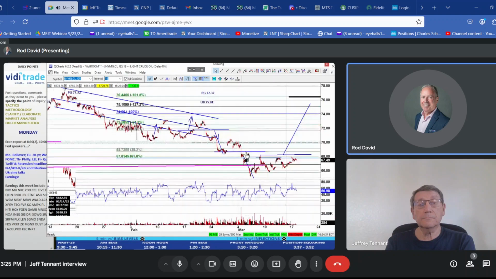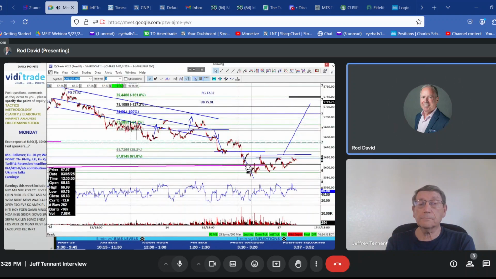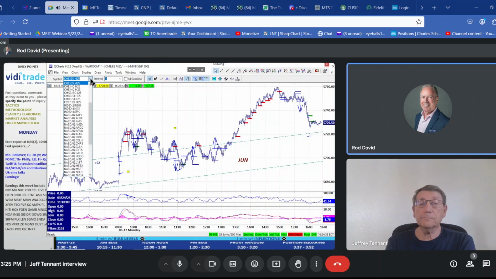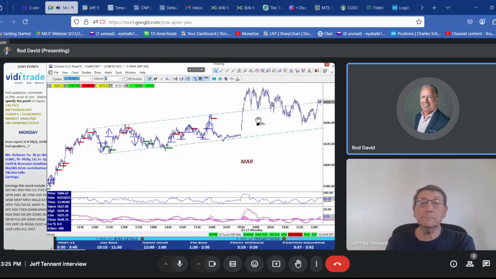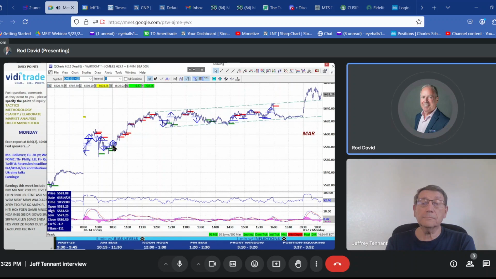Here I can show real quickly the March chart. This is March ES. So we've got signals identified from Friday. And you can see how getting a grip on the open can catch some bigger legs.